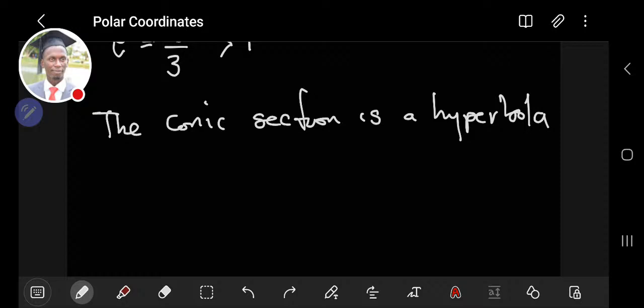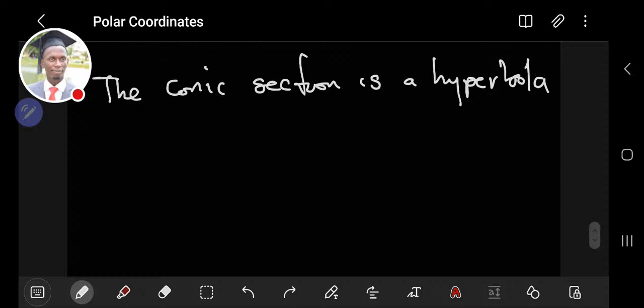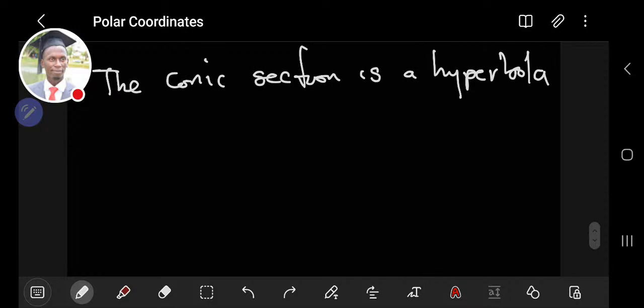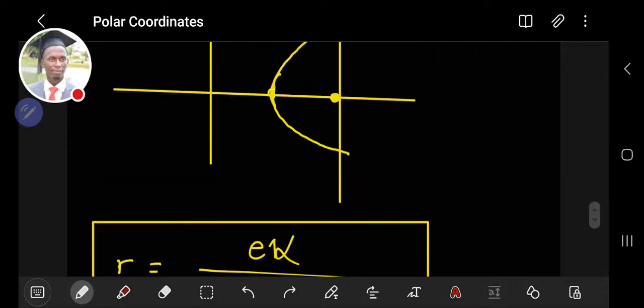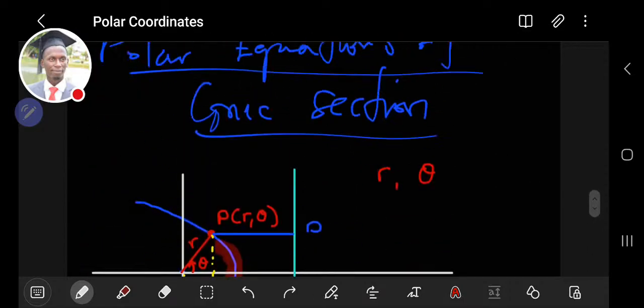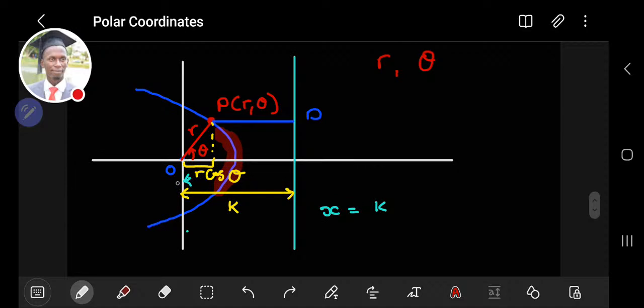Okay. Now, with that in mind, we have identified what this conic is. The next part is to try to actually sketch this conic section. How do we sketch it? Well, the next thing that we need is to identify how far the directrix is from that focus. If you recall how we derived the earlier expression, we said K was the distance from the focus of this main piece to where the directrix was.